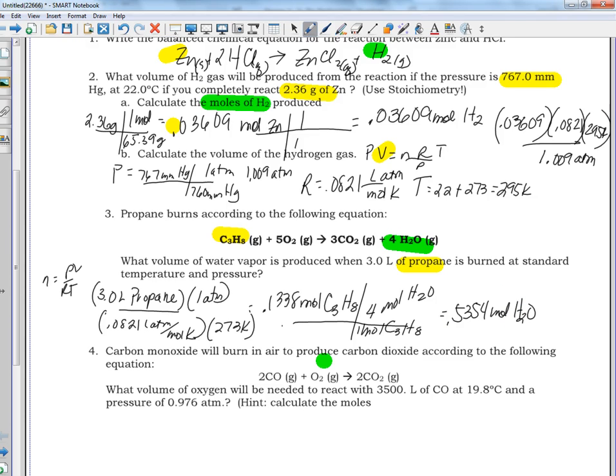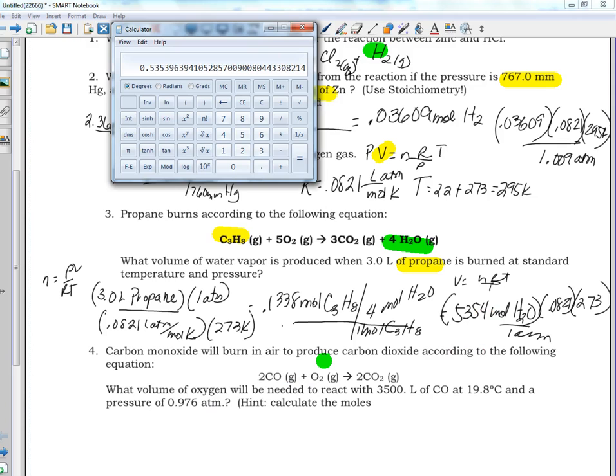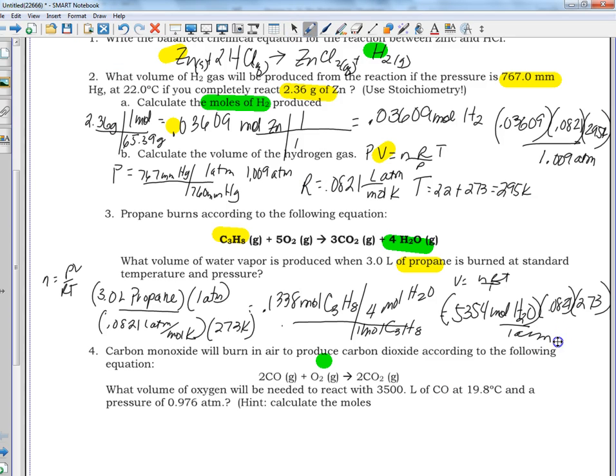Now I just go back and solve for volume. Volume is equal to nRT over P, so I'll take my moles times 0.0821 times my temperature, which is standard temperature, 273. My pressure is 1 atmosphere. Once I've done that, I'm going to get 12.0 liters. Okay.